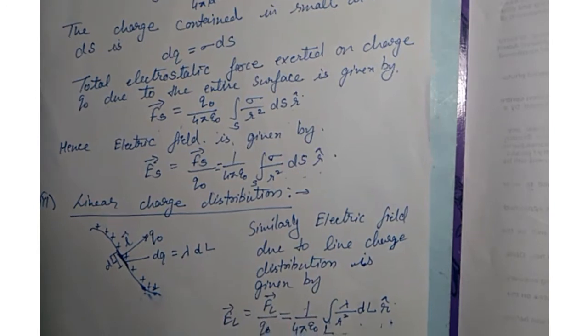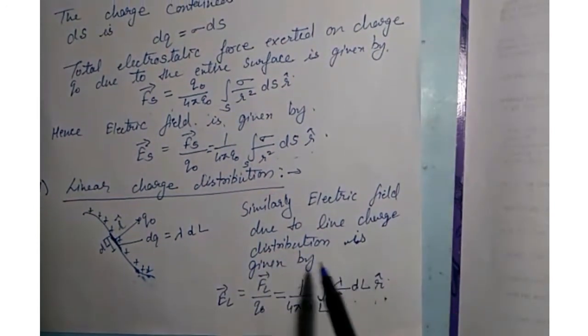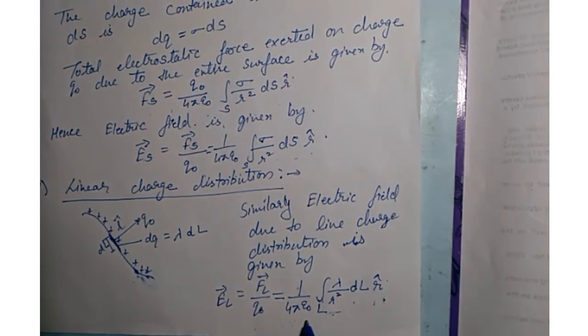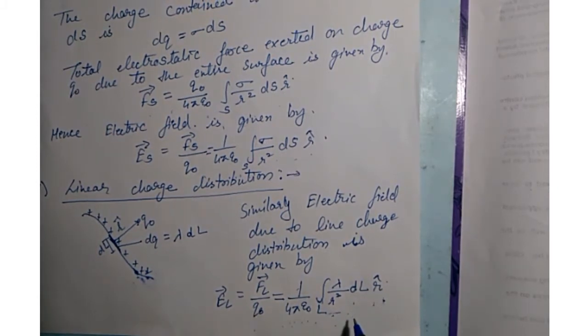So, the electric field due to line charge distribution is given by E_L vector equals F_L vector divided by Q naught equals 1 upon 4 pi epsilon naught integration over the line lambda upon r square dl r unit vector.